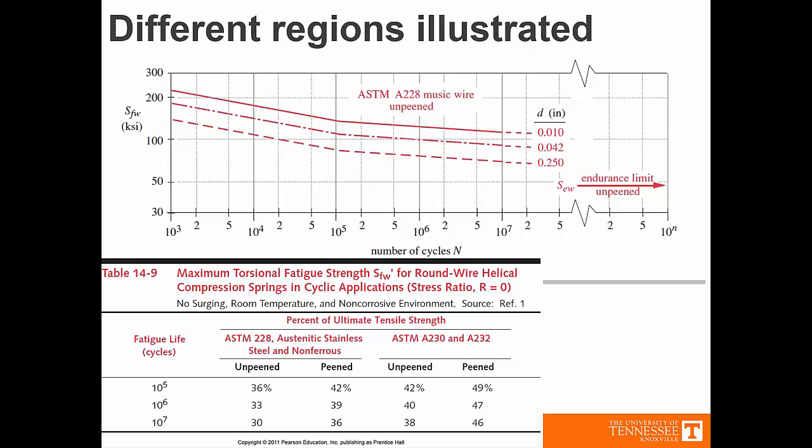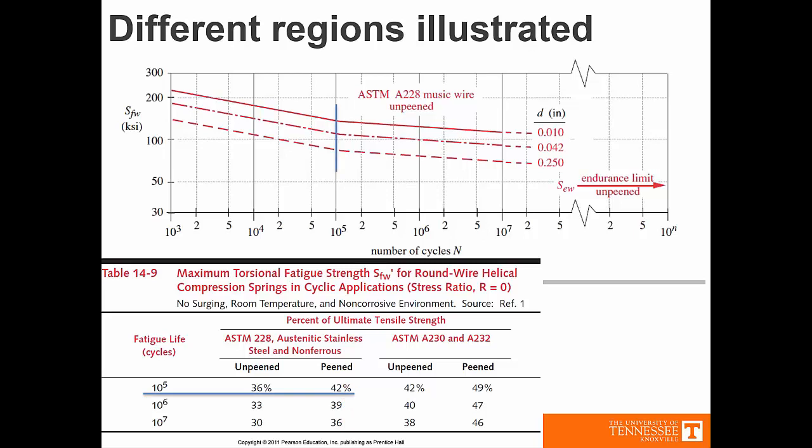The other thing that this table shows us is that there is a major difference between peened and unpeened materials. The process of peening is work hardening the surface, typically with metal balls that are shot at the material, and it makes little dents or peens in the material, and that actually work hardens the outside edge. And by doing that, we increase its fatigue strength.